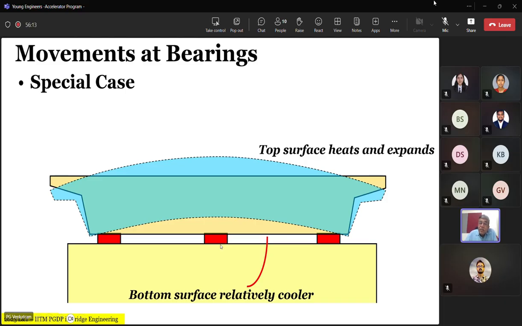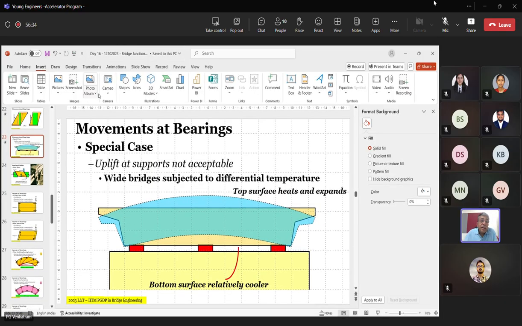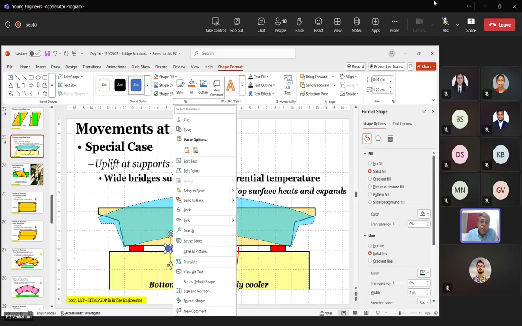Now, that is where the question is, when you have a wide deck, as far as is possible, choose your deck support carefully so that you don't have the bearing uplift of this nature. So it may be good practice to in fact go for a bearing which is something like this, an indirect support.